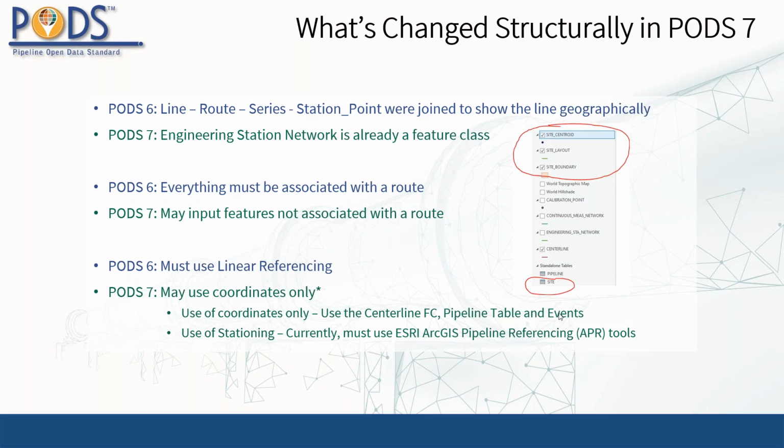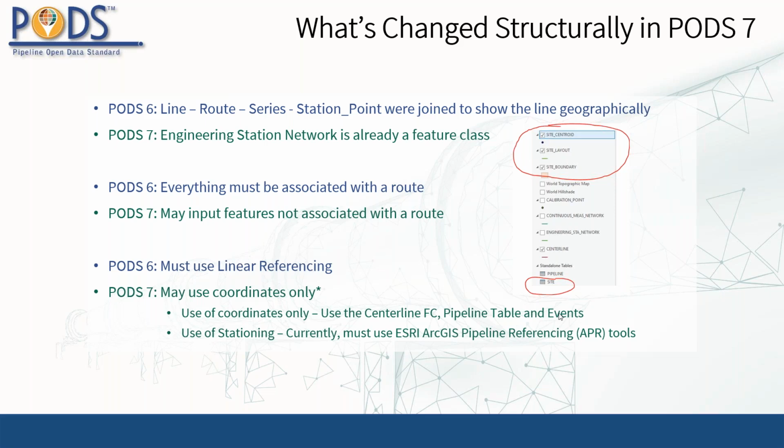Now we know that in the pipeline world, usually we will have stationing. It's kind of hard sometimes to get away from stationing. So if you do use stationing, then you're going to use linear referencing.